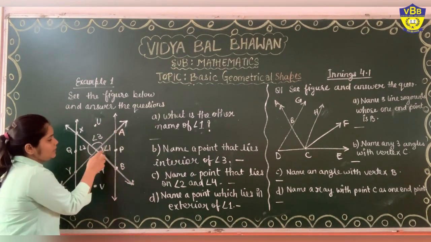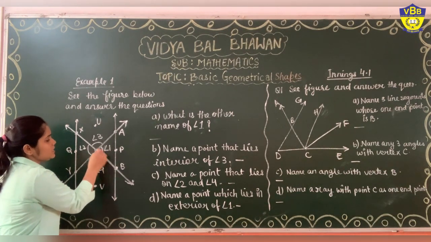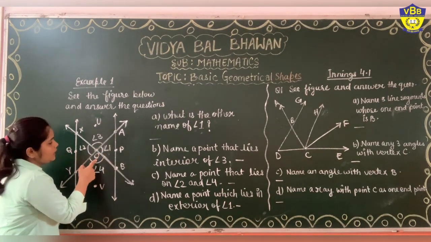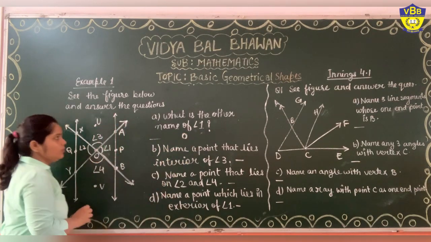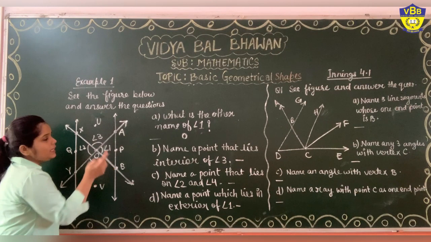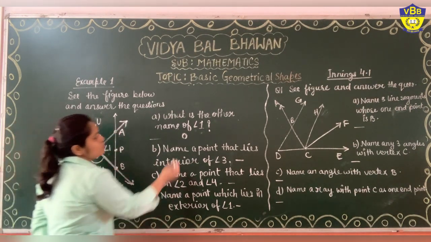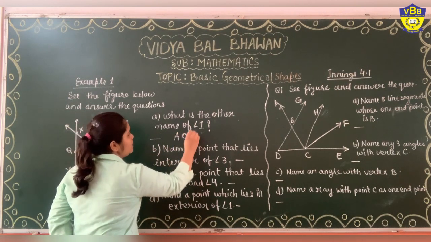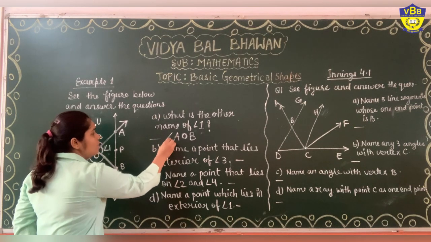The vertex should always be there in the middle. So this is the vertex of angle 1, O. And what are the two other letters? This is the angle A and B. So you can write A on one side, B on the other side, with the sign of angle.